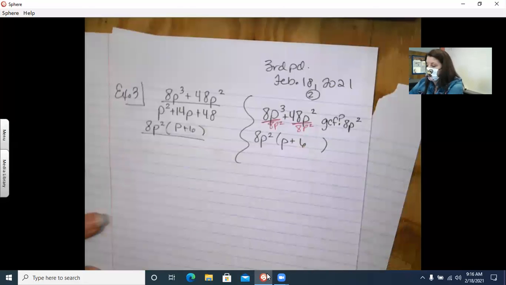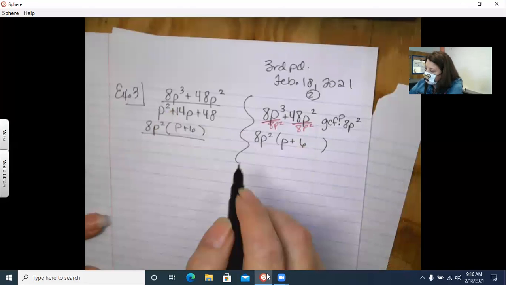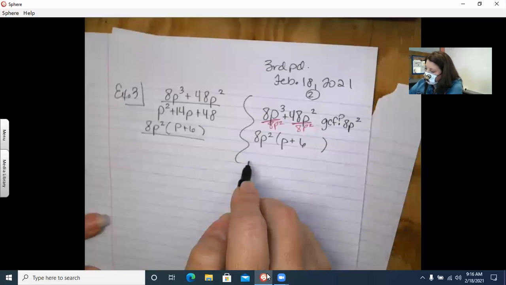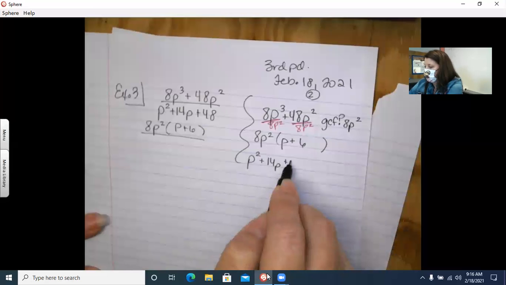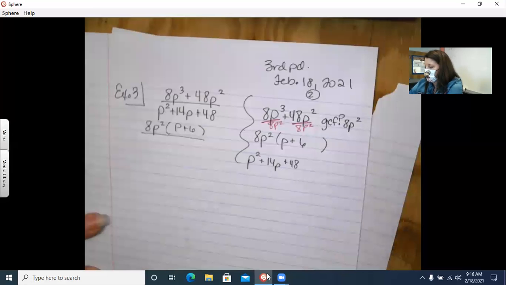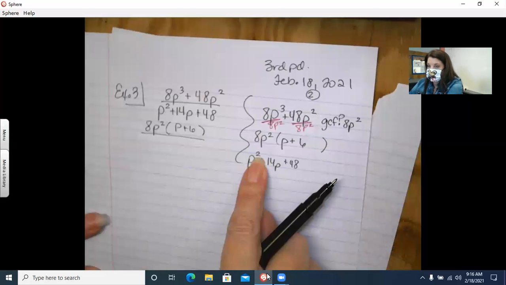Now, if I just leave it like that, would I be able to factor or cancel anything in the denominator? No. Well, let's see if we can factor that denominator. P squared plus 14p plus 48. It's a quadratic. My highest degree is 2. So if I can factor it, factor by grouping is going to work.